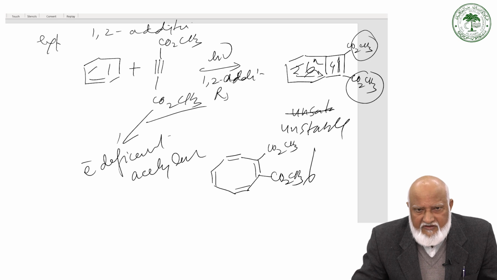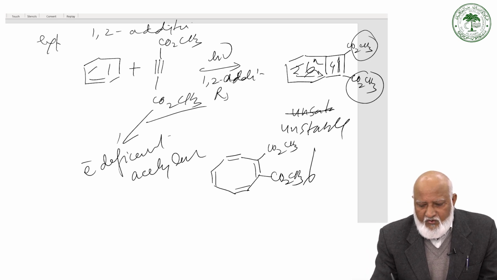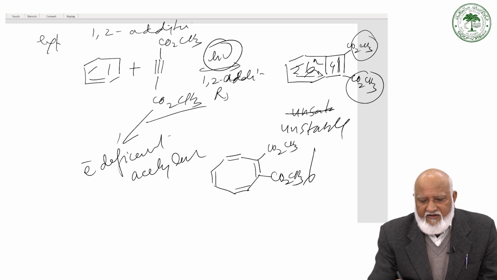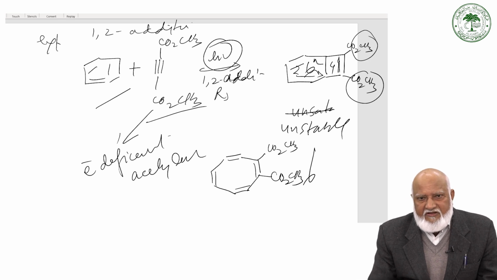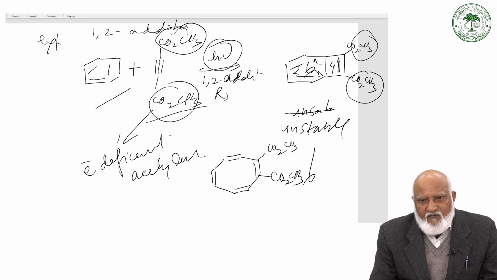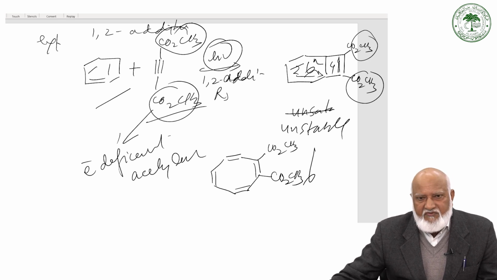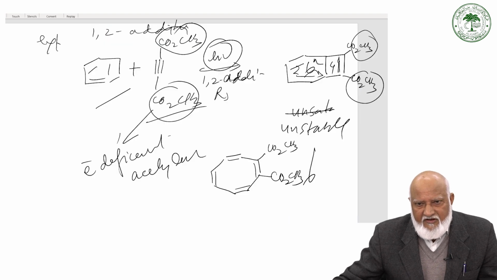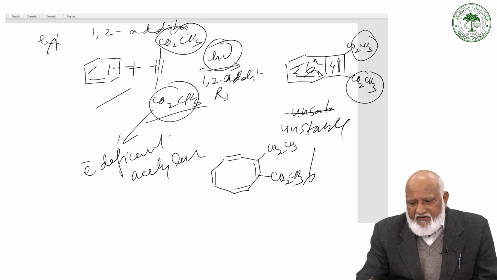Electron deficient acetylenes have also been reported to add in a 1,2 addition manner with benzene under photolytic condition. Dimethyl acetylene dicarboxylate is electron deficient because two electron withdrawing groups are present, and that's why it can also add in a similar manner as we have seen in the case of dicyanoalkene. So it also proceeds via the formation of an exciplex.